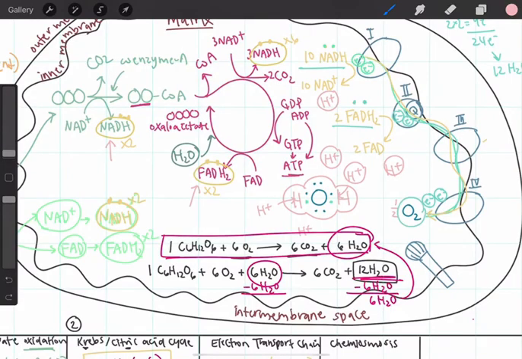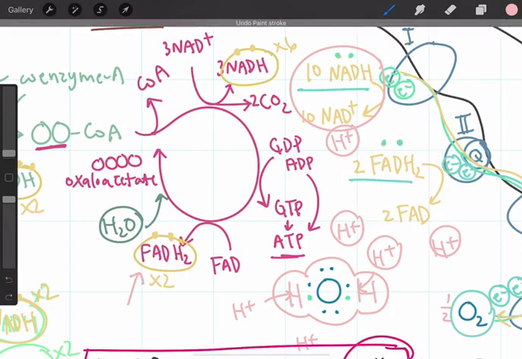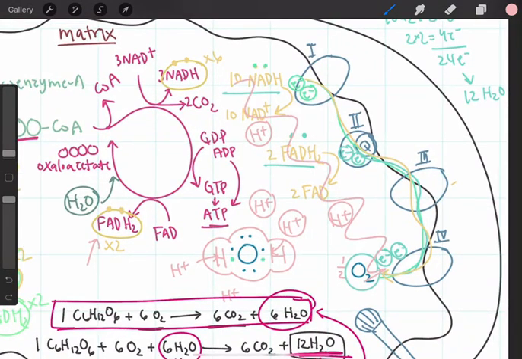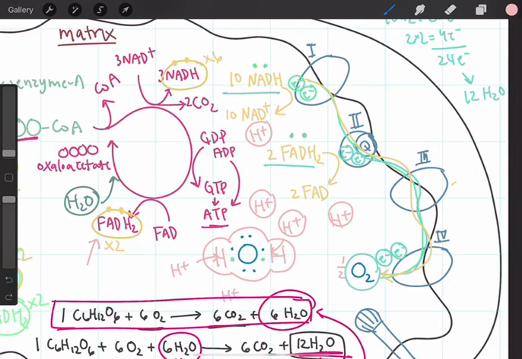So these protons, some of which are generated from the oxidation of NADH and FADH2. The oxidation of NADH is going to generate 1 proton, whereas the oxidation of FADH2 is going to generate 2 protons. And the protons in the matrix, how they're going to move from this matrix area into this intermembrane space is that as these electrons are being pulled through these proteins, they're releasing energy in these proteins, and that energy released from these electrons is going to help pump the protons across the membrane.